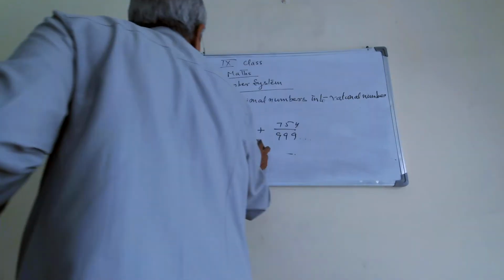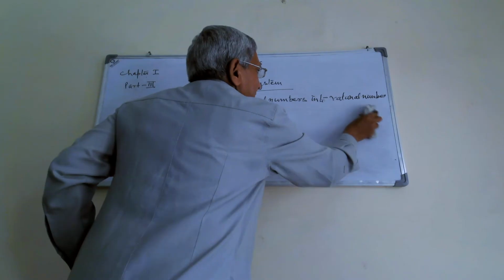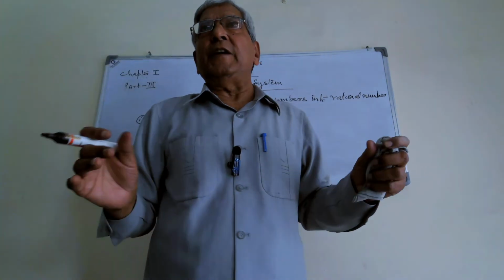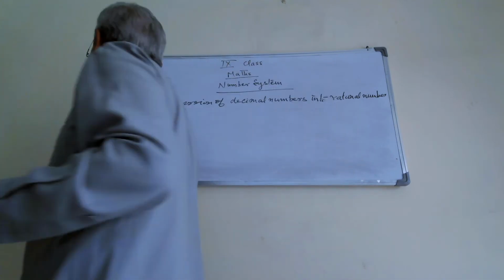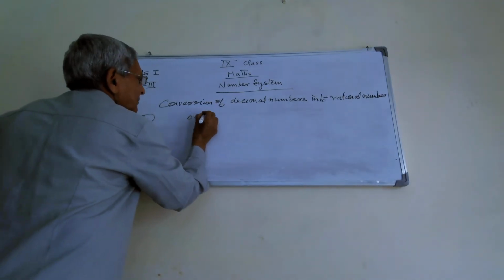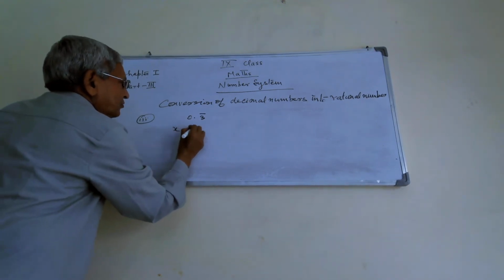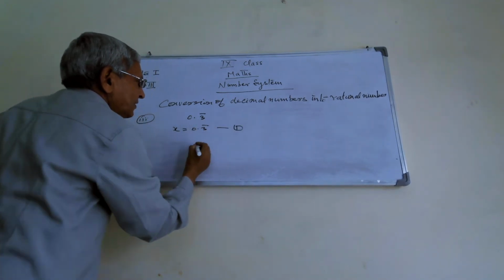So I am taking one more example in which the method is somewhat different from the first method. Now this is the example, 0.3 bar. Let x is equal to 0.3 bar. This is first.